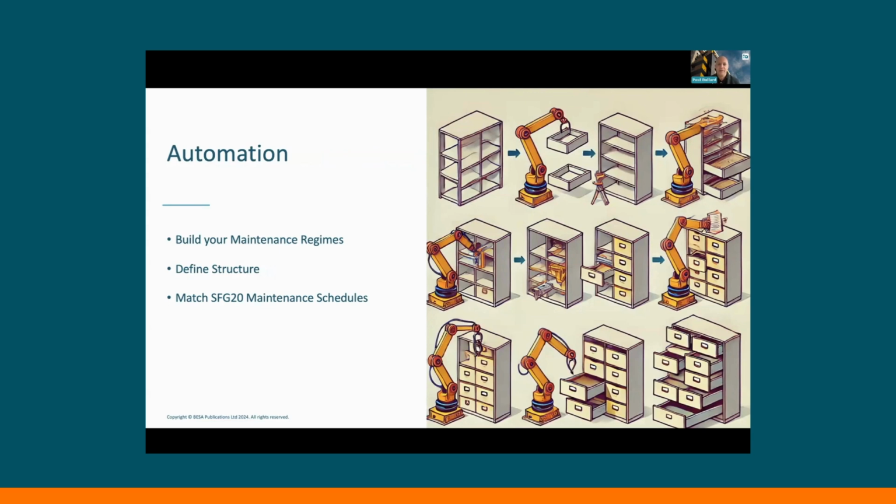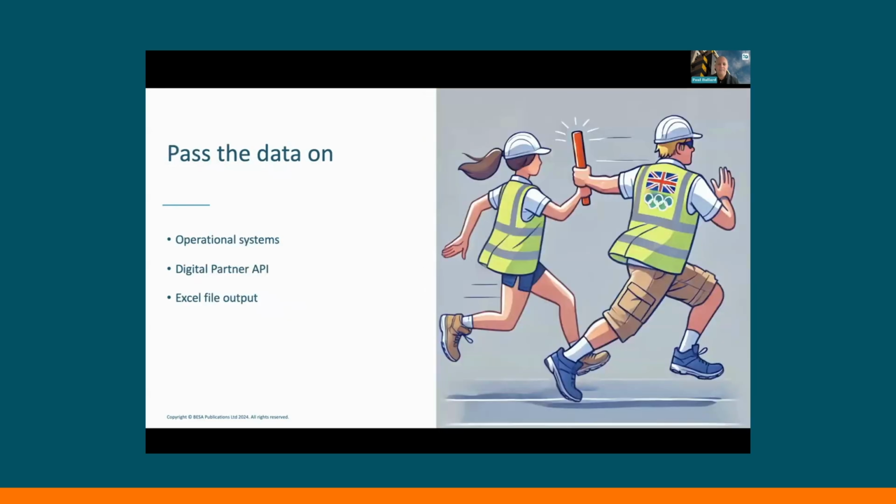Now, this is about how that asset data can be used to automatically structure all of this content. At the end, though, we're building the maintenance regime, we're creating that structure underneath and automatically assigning those important maintenance schedules to your assets so that that data can then be used for your operational purposes.